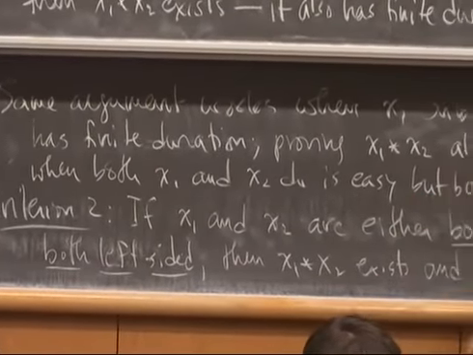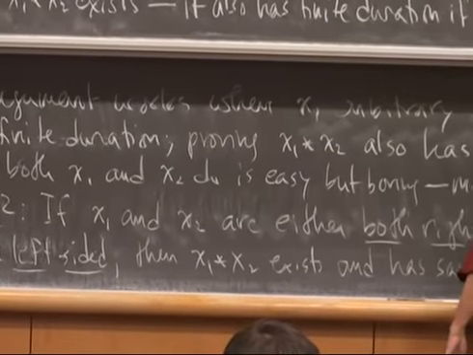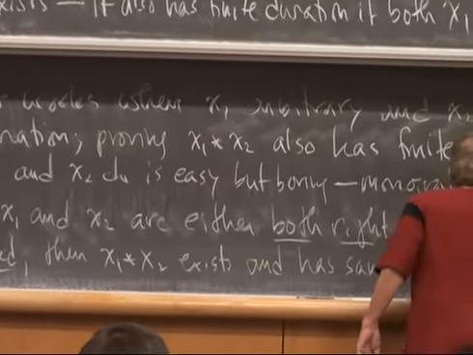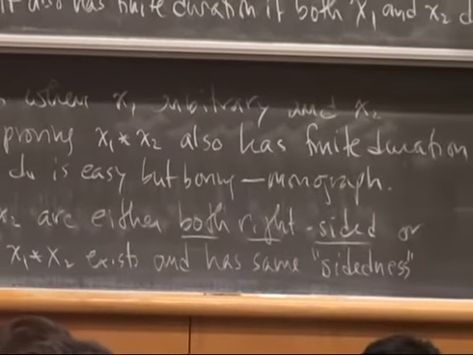So if x1 and x2 are both right-sided, then their convolution exists and is also a right-sided signal.